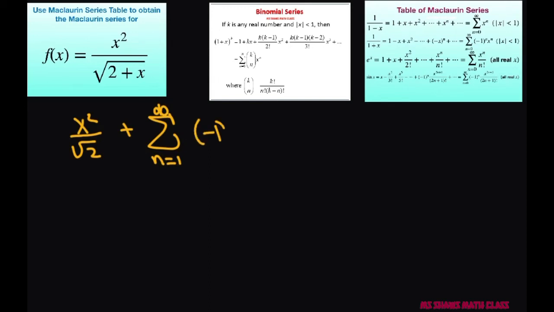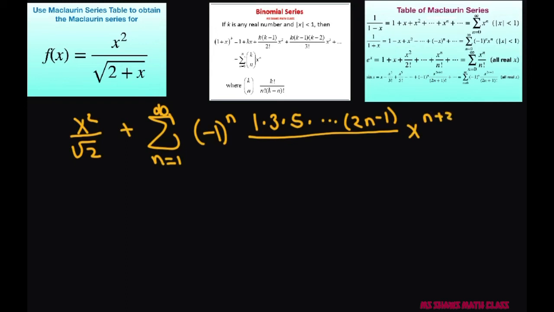We still have negative 1 to the nth power. We have 1 times 3 times 5 times dot dot dot times 2n minus 1. And then we already talked about this x to the power of n plus 2, because x to the n times x squared, so you just add those two.